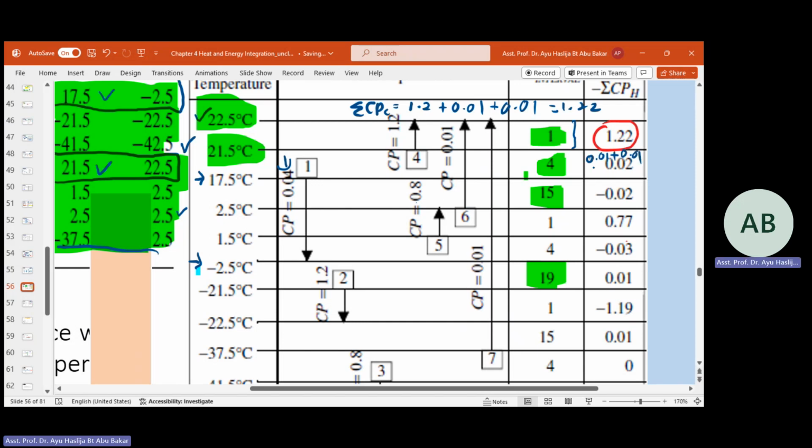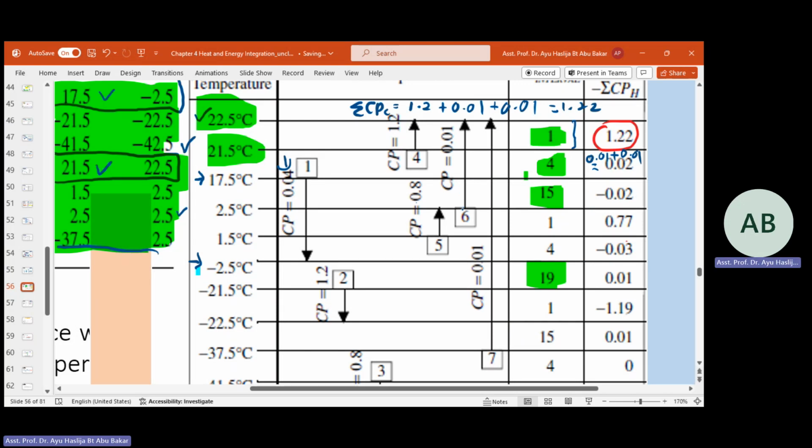That's how you get 0.02. Now the next interval, negative 0.02.